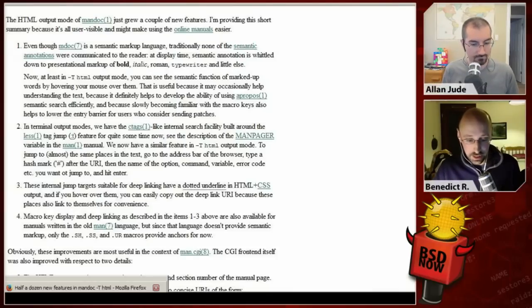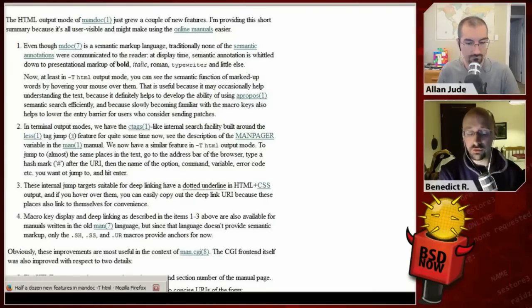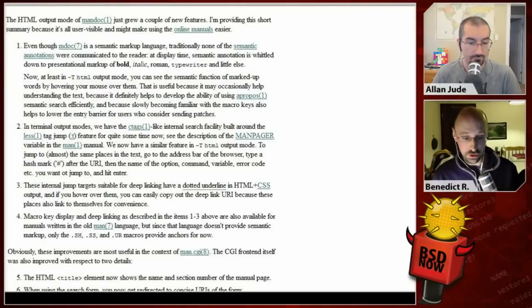And there's a full report about all the changes. There's many more that we couldn't list here in their complete entirety. But Ingo Schwarze put out a full report, of course rendered in Mandoc itself, that describes all these new features. That is something you should check out because it has a lot of new features which you might find interesting.